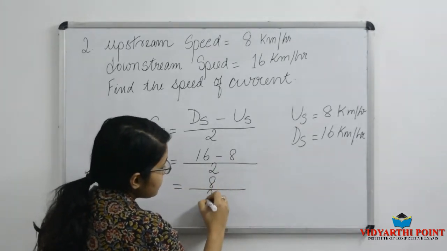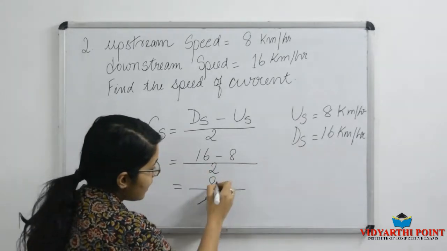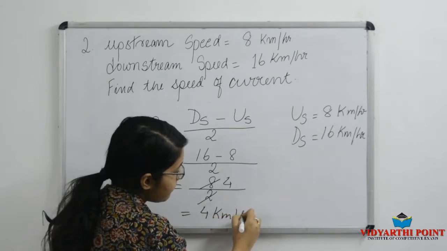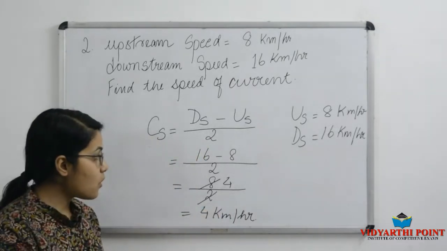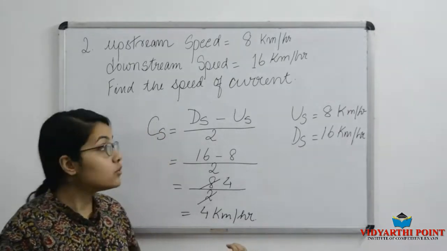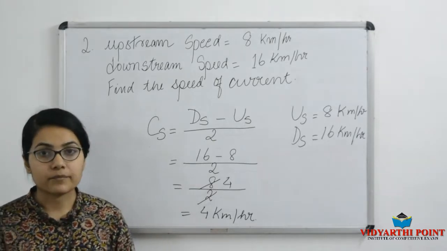That is 16 minus 8, it will be 8. Now, upon cancellation, we have 4 km per hour. So, by applying the formula, we found the value of the speed of current, which is 4 km per hour.